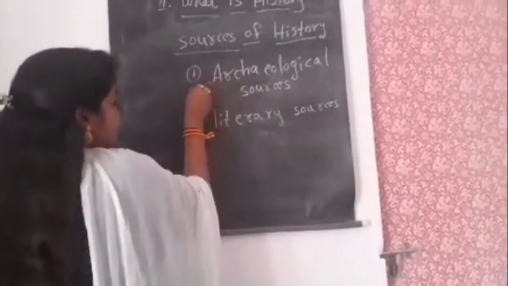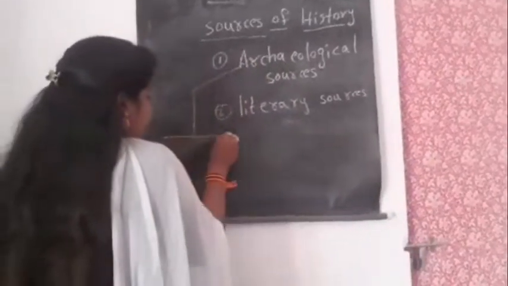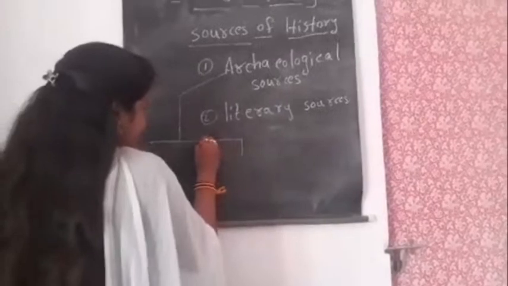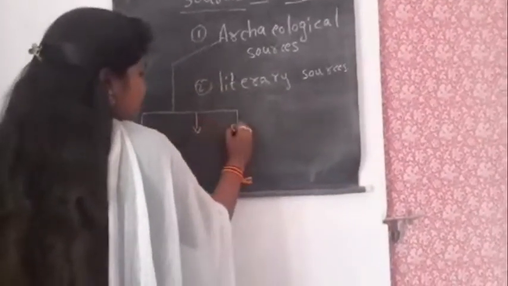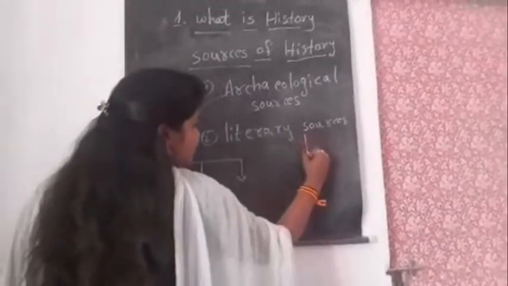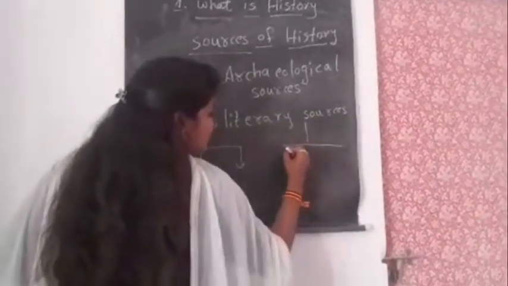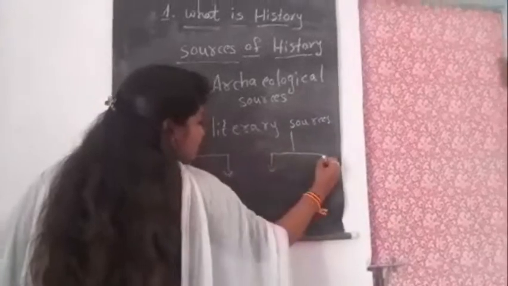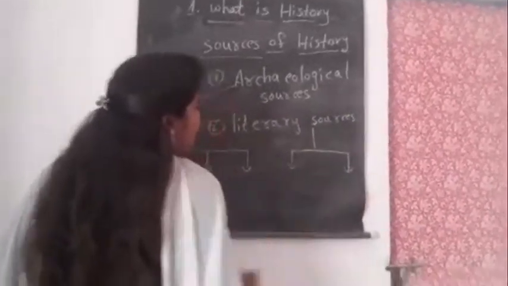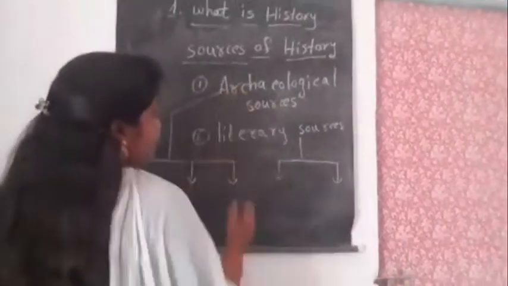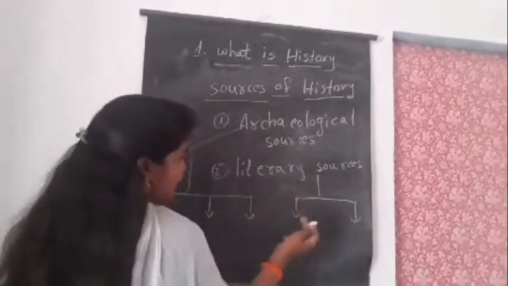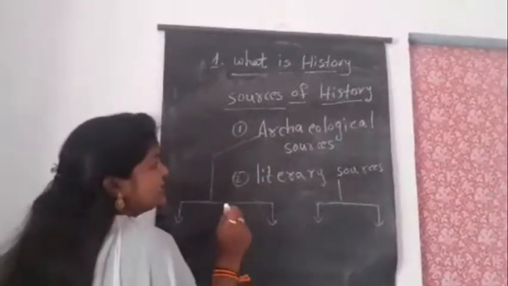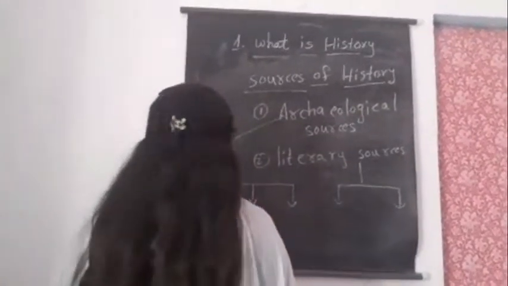Again, archaeological sources are of three types, and literary sources of two types. Okay, my dears, archaeological sources, three types. What are the three?